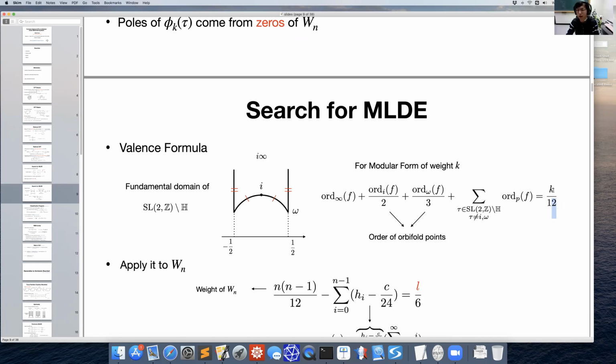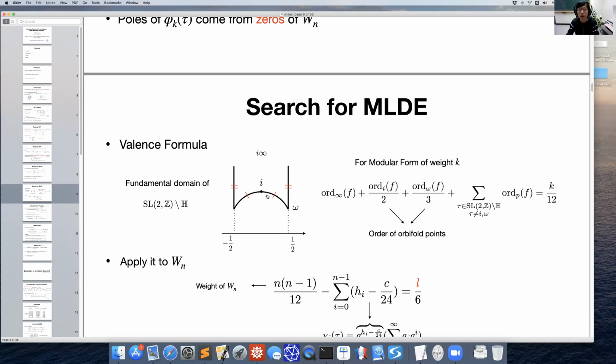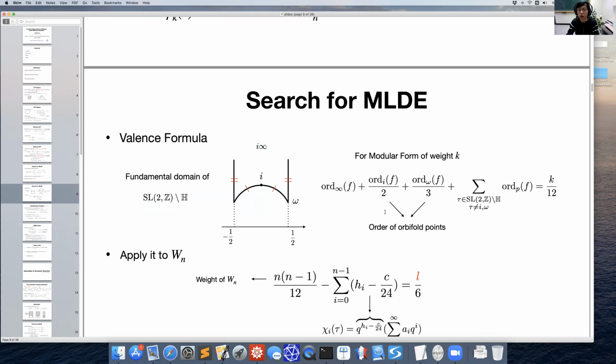Here k is the weight. First of all, from this picture, we have a cusp at i infinity, so we need to sum over the order at i infinity. But we also have orbifold points, because if I identify this segment with this segment, this will create an orbifold point at tau equal to i. So we need to divide by the order of the orbifold point.